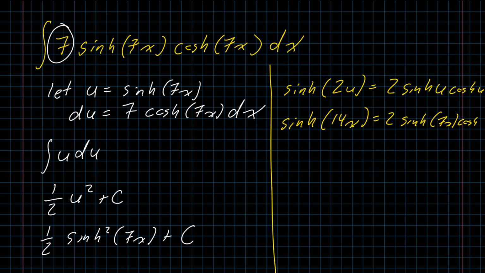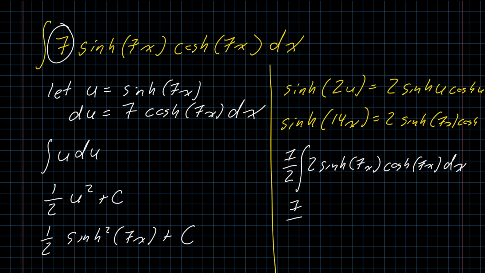But if we just multiply by 2 and divide by 2, we can bring the 7 halves out front, leaving behind 2 times sinh of 7x times cosh of 7x times dx, and rewrite that as 7/2 times the integral of sinh of 14x dx.